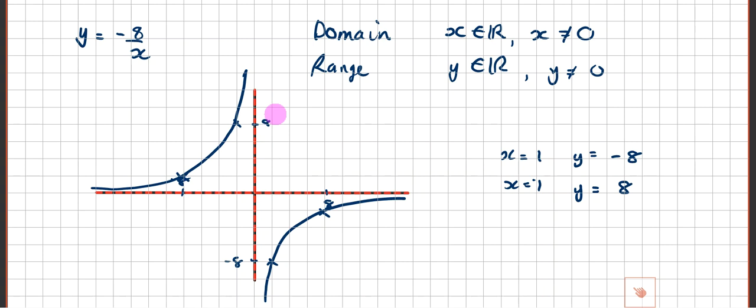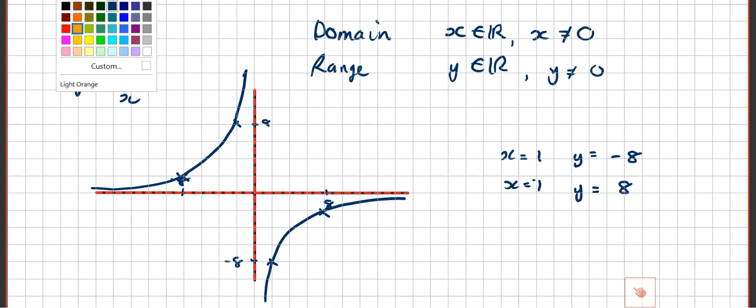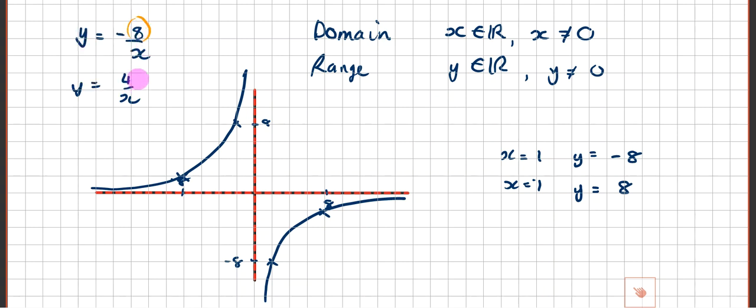Put them in. Now, if I were to put y equals negative 8 over x and y equals 4 over x on the same graph, you would see the effect of changing the numerator. Well, slope, because we don't have a slope. Yeah. But in this case, these points here would be here and here, right?